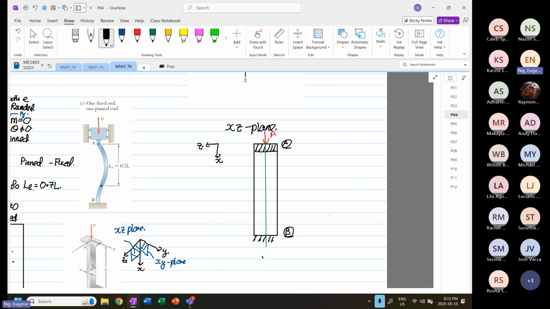And what we realize is the structure has no resistance, no motion restriction, about the z-axis.